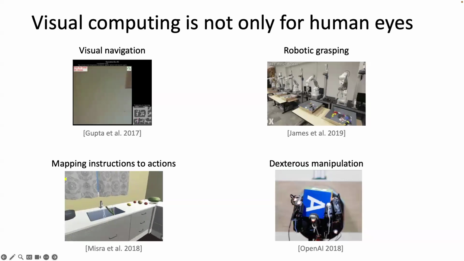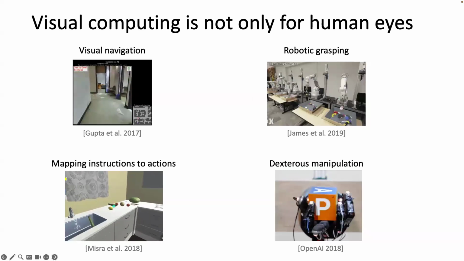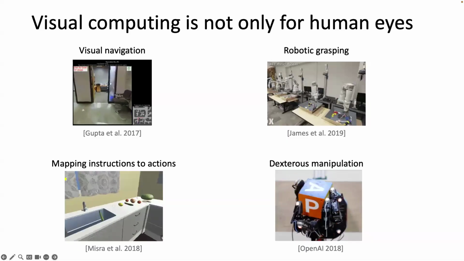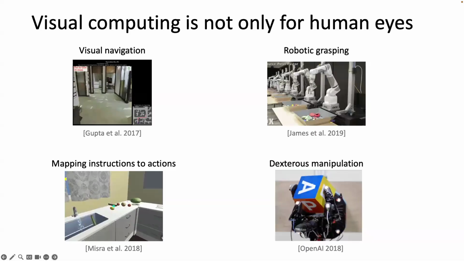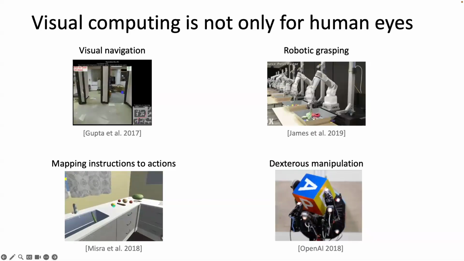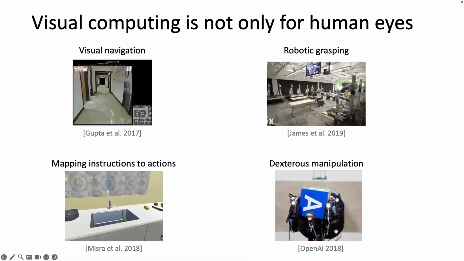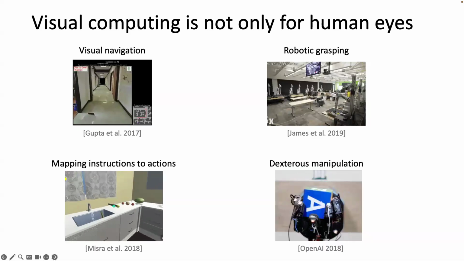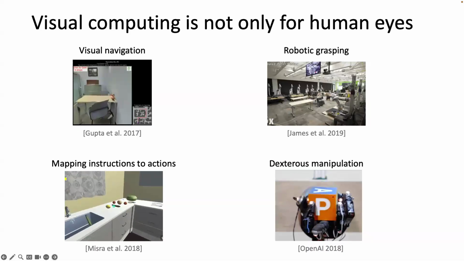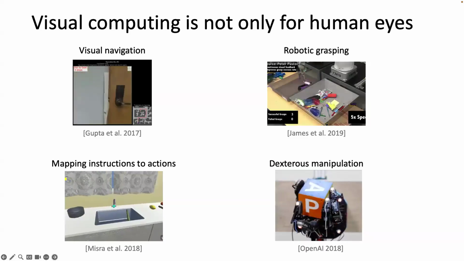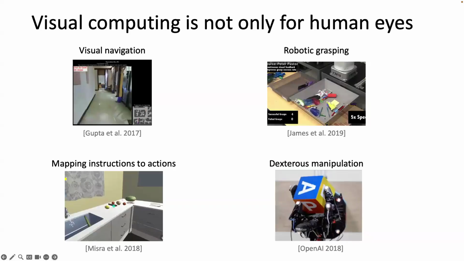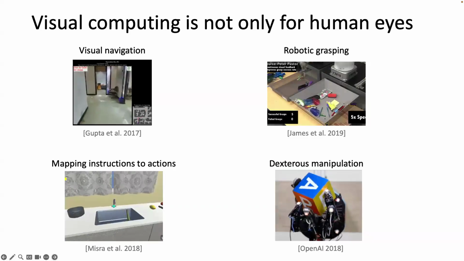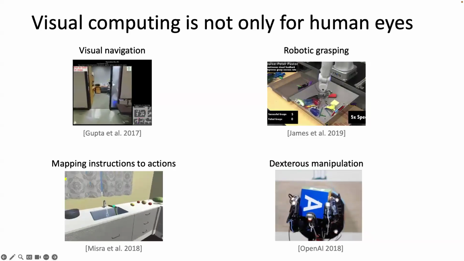The reason is that in recent years, the kinds of methods you saw in this class to render nice photorealistic images and to simulate what the world looks like are being used not only for human eyes to look at, but for a variety of systems that we want to train to do various tasks.